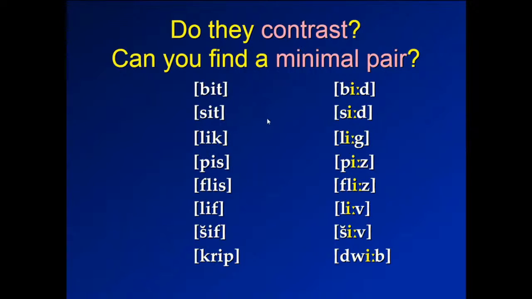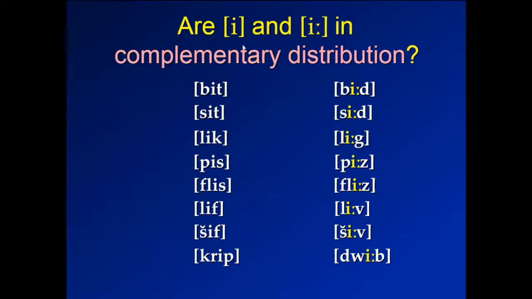So it's not a minimal pair. Are the short and long vowel in complementary distribution? Of course, they are, because the context where we find one, we don't find the other. This one is always followed by a voiceless sound. This one is always followed by a voiced one. Same thing across all these words.